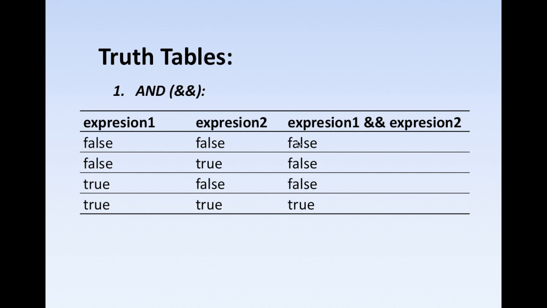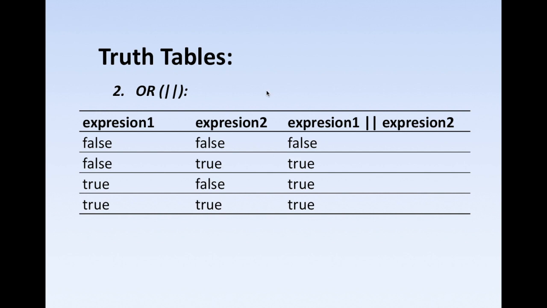As you can see, it's always false, the combined condition, except when both of the conditions are true. What it means is that expression 1 and expression 2 are true. So it's only true if both expressions are true. If one of them or two of them are false, the result is going to be false.